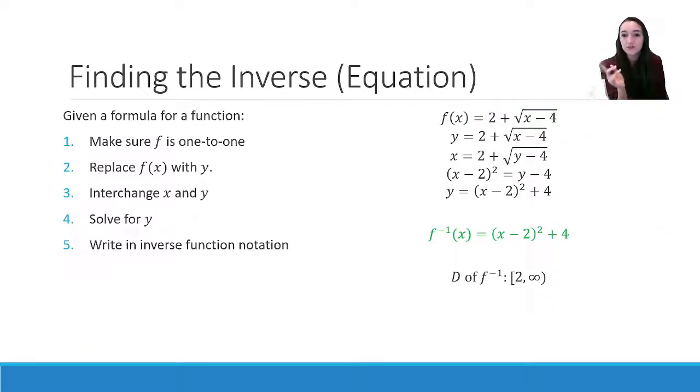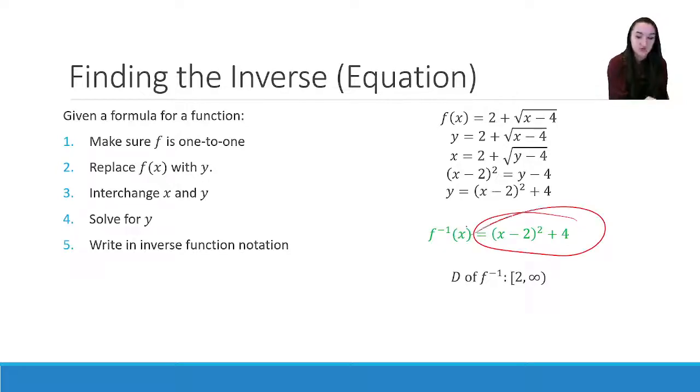So even though the domain of this actual function, if I put that on a graphing calculator, the domain would be all real numbers, I don't care about the whole function. I only care about how it is in relation to f. And so I have to cut down the domain to be the same as the range of the original function.